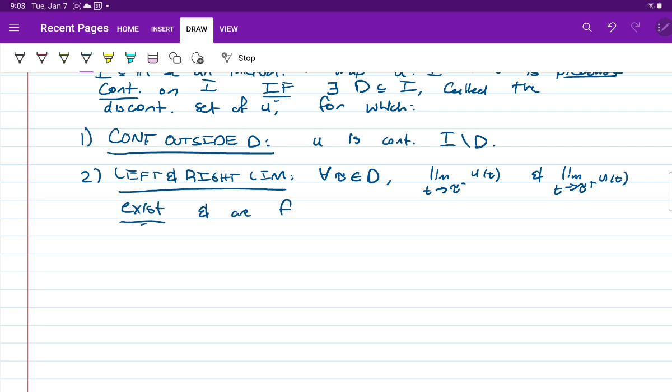and are finite. This excludes functions like 1 over x. We know 1 over x is discontinuous at the origin, but it also blows up at the origin, so those limits would not be finite in that case. Finally, we have a condition I'll call finite intersections. This is a technical condition, and I'll motivate it shortly.